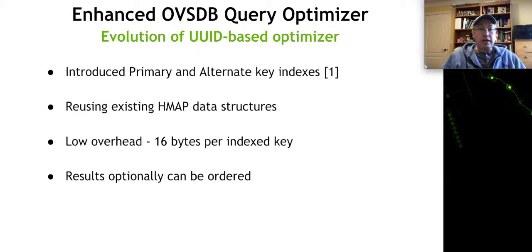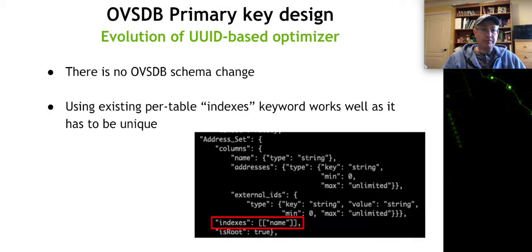Luckily, HMAP data structures have fairly low overhead per additional index key, just 16 bytes of memory per additional index key. Results optionally can be ordered. This is something we can do, for instance, if we use some additional data structure, but that would require, for the alternate key, some rework and modification to the schemas.